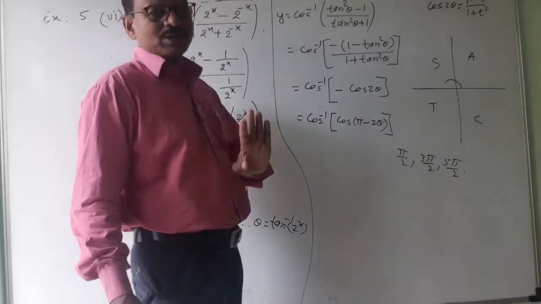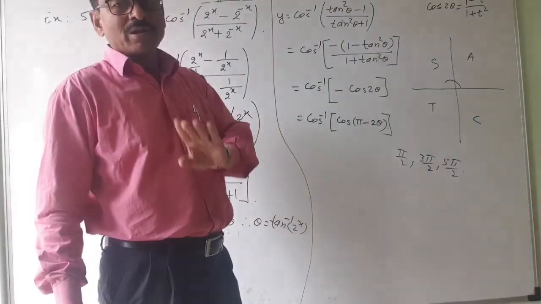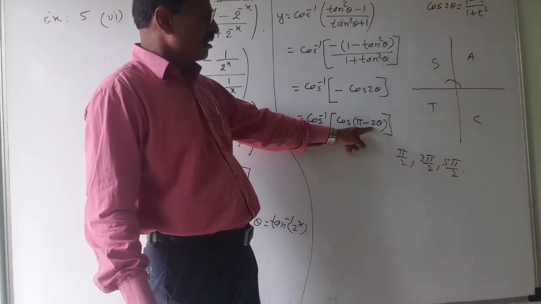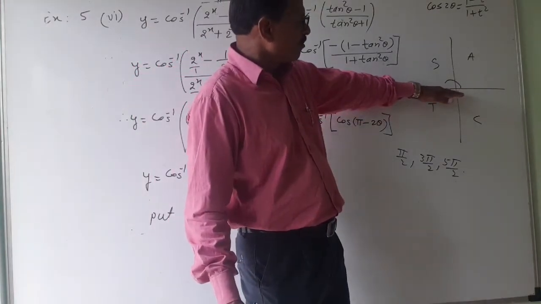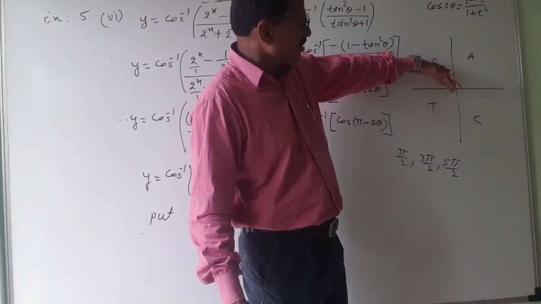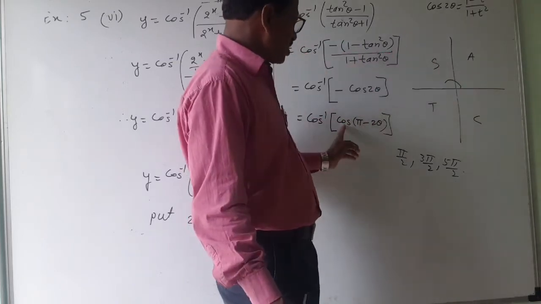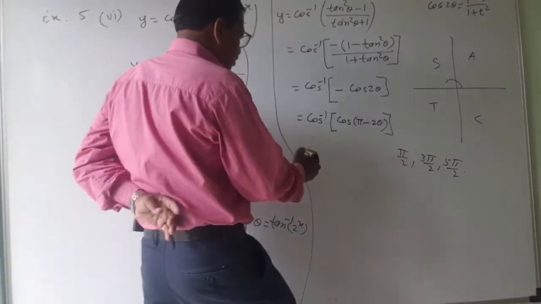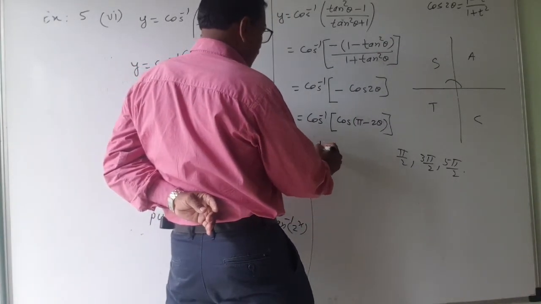And whether it will be positive or negative depends upon the quadrant. Now this pi minus 2 theta: this is your pi, minus something means second quadrant. So cos you are searching, it will be negative because here only sine is positive. So now cos inverse cos of pi minus 2 theta.